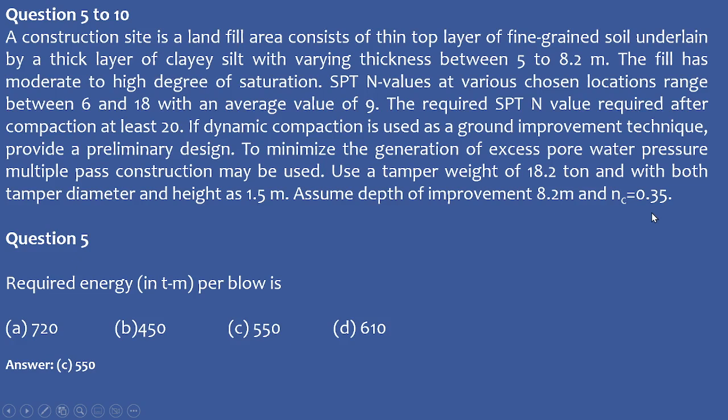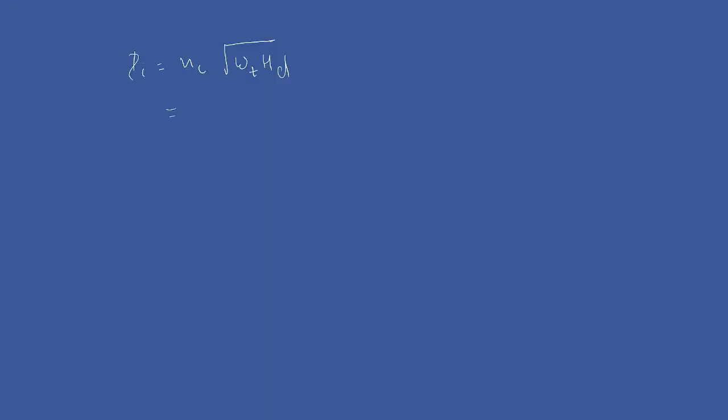The energy required per blow is given by W T H D. From equation 1, W T H D can be calculated by Di upon Nc squared.